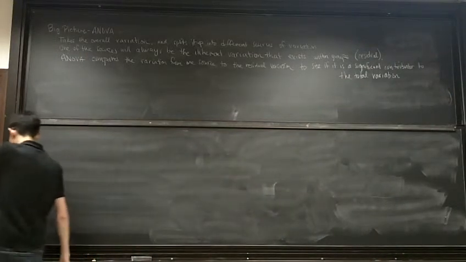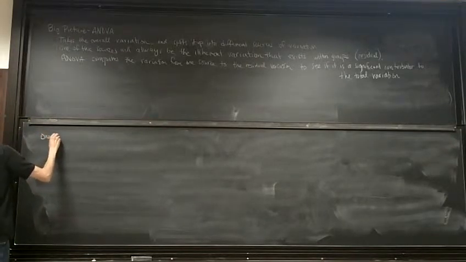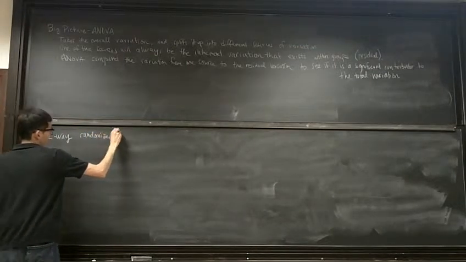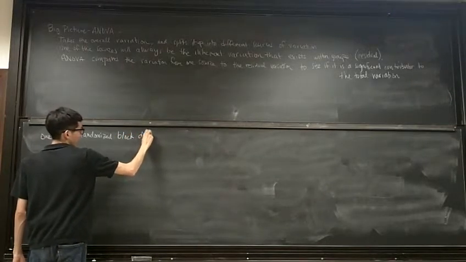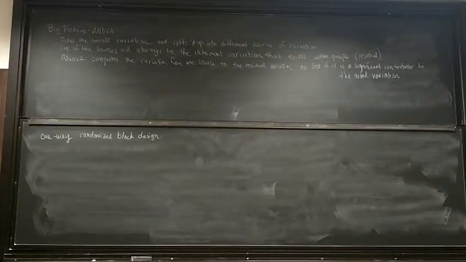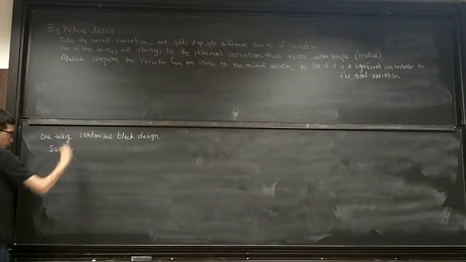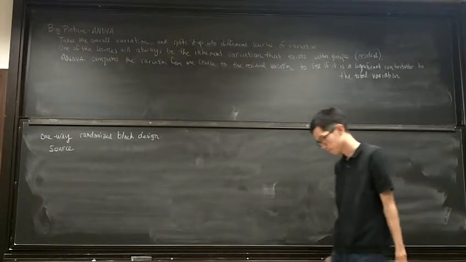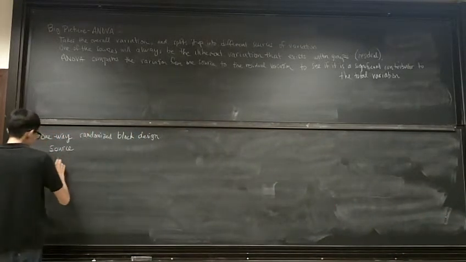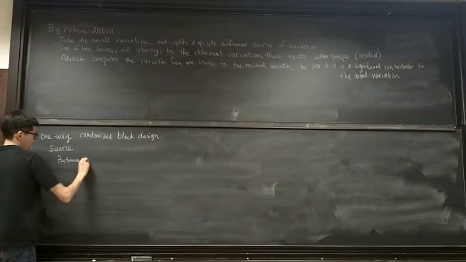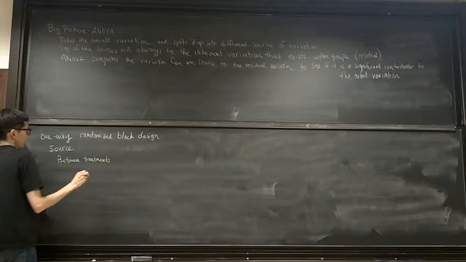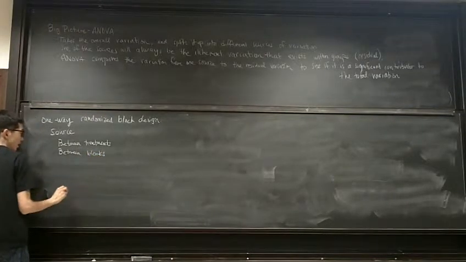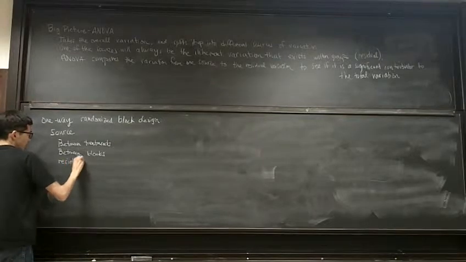So one is the one-way block design. And our sources will be between the treatments, between blocks, and then our residuals, the residual or the within groups.